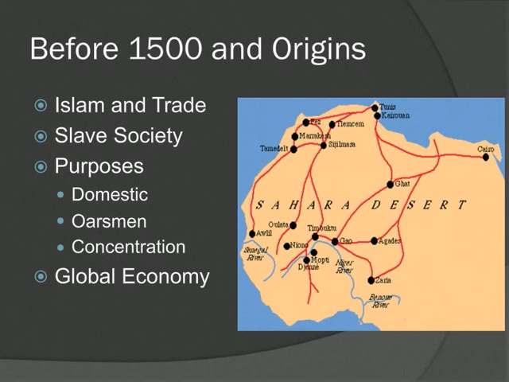So when we think about globalization and the global economy, cheap labor is the one thing that really pushed the global economy after 1450, right? And this is taking people from one place and moving them to another and exploiting them for their work.